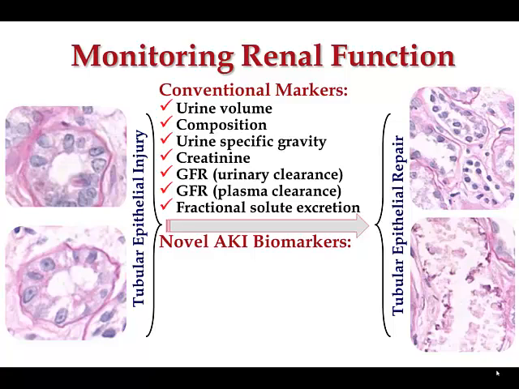Currently, we have a whole bunch of conventional biomarkers that we've been using for 100 years that give us some perspective of whether the cell is sitting here or whether the cell is sitting here. These have some utility. I'll go through just one or two of them. But the real promise appears to be in the development and validation of novel biomarkers that can more specifically target and pinpoint the kind of damage and the stage of damage that the kidney is existing in.